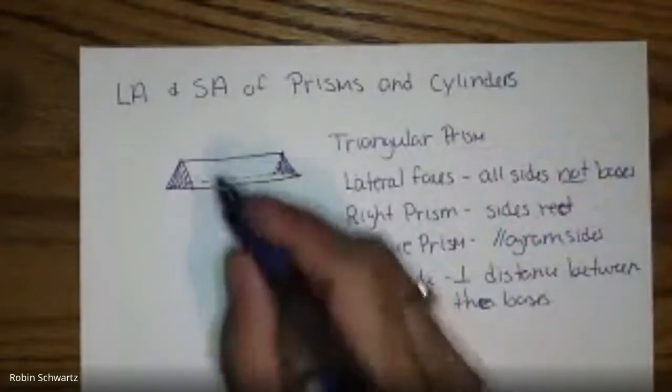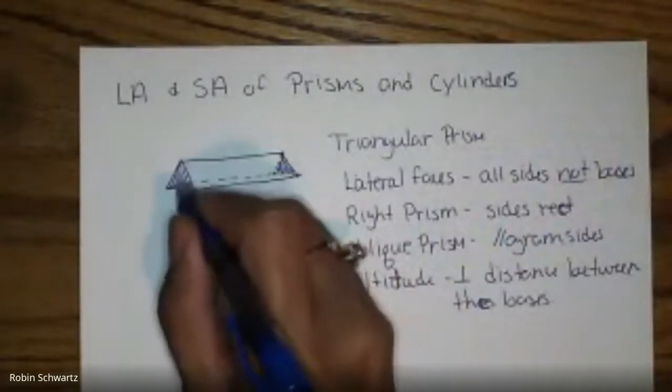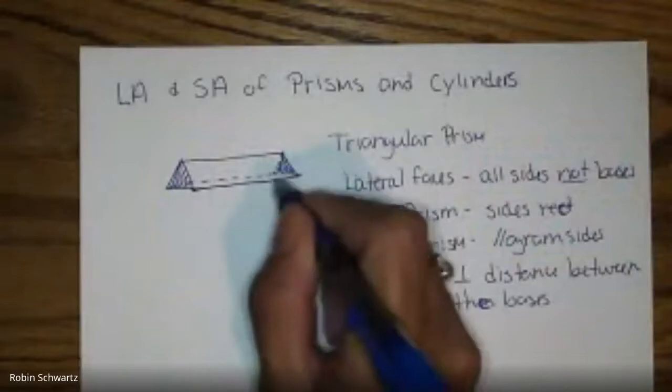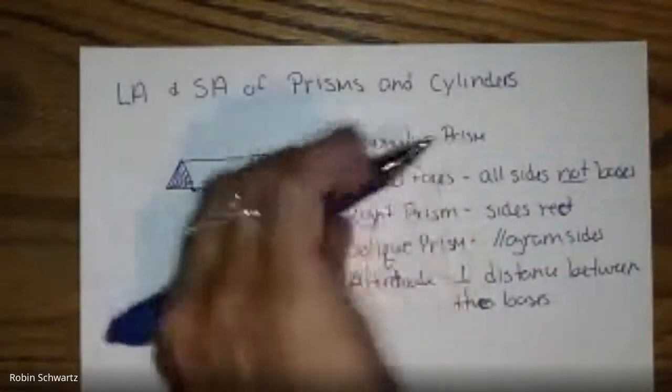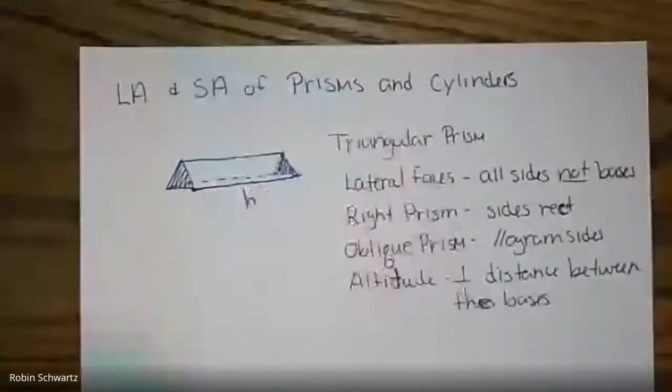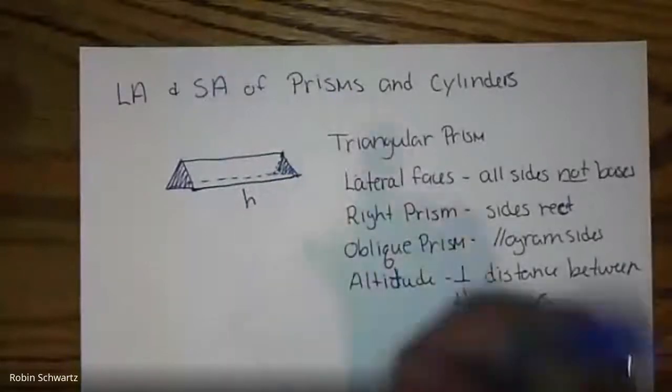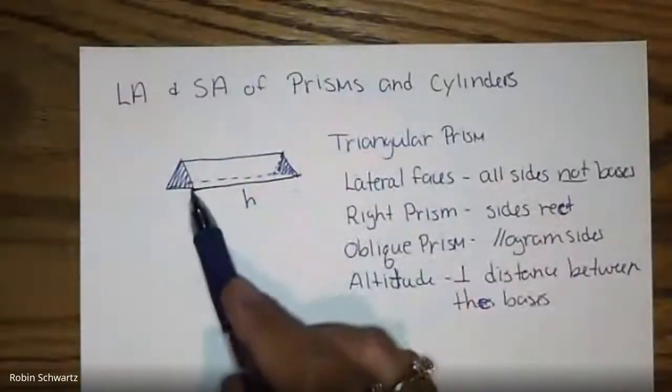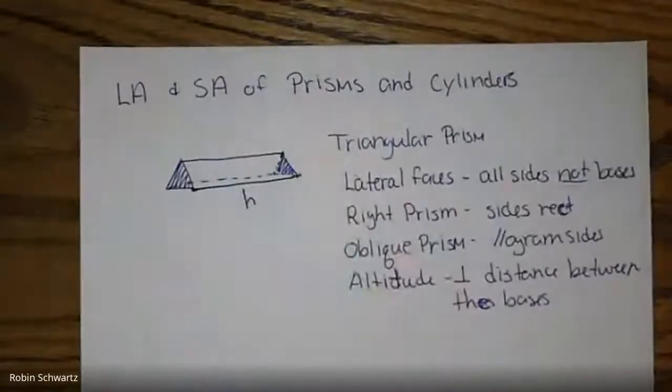So it's the height of the prism. In this case, even though I've got this laying down, the height is not the top to the bottom here, but how far apart these are. That's your height. When I stand it up tall, that would be the height. So even though it's laying down, that's still the height. The distance from the triangle to the triangle is always the height.